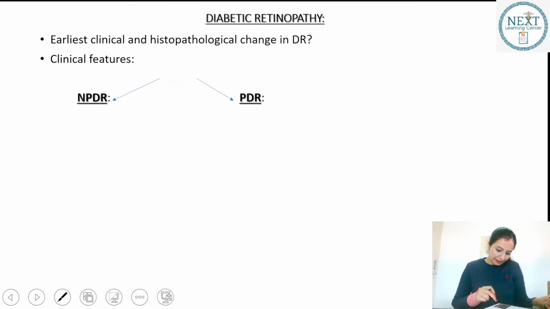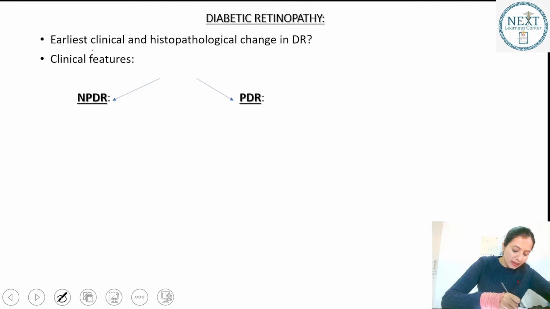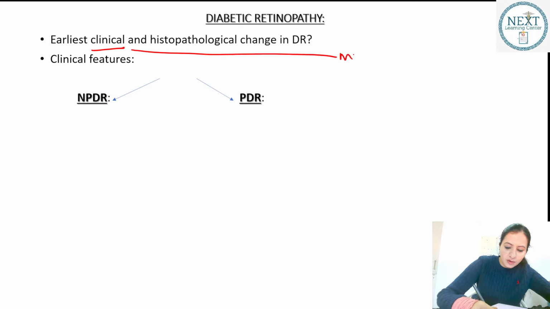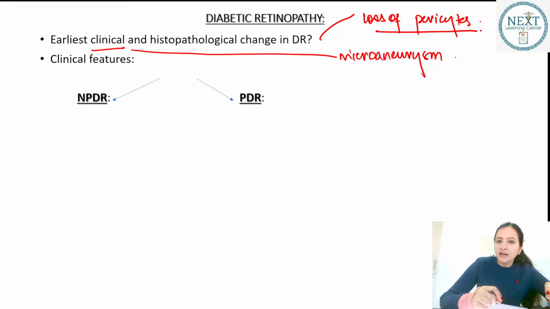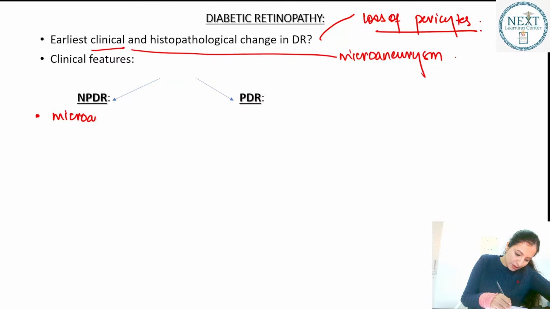Moving on to diabetic retinopathy, the earliest clinical sign is the presence of microaneurysm. The earliest histopathological sign is the loss of pericytes. And if we talk about NPDR, non-proliferative diabetic retinopathy, clinical features include microaneurysm, hemorrhages.